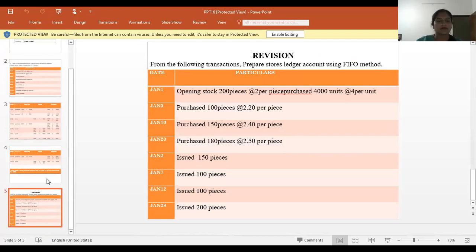In the last slide I have shown you how to do the problem. In the same way you can follow to calculate this problem. Hope you all understood. You can try all these problems at home so that you will understand.